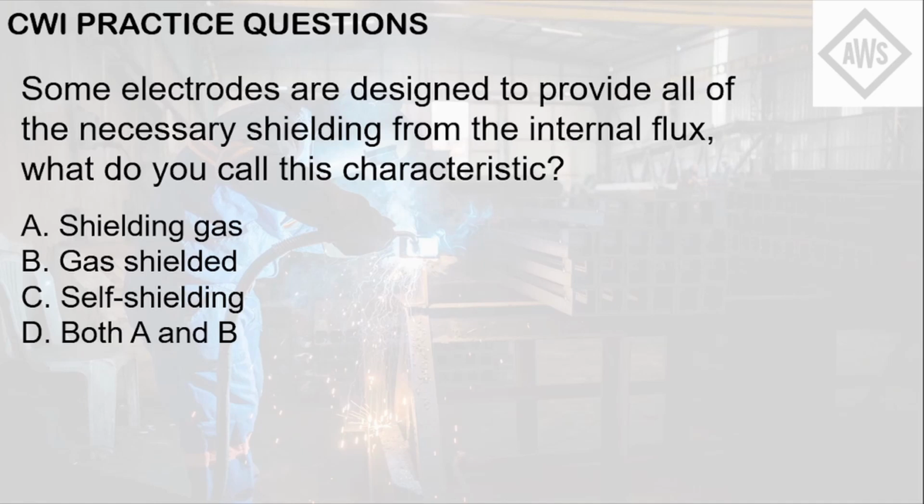In the tubular part of that electrode, there is internal flux, which produces the self-shielding characteristics. Basically, the shielding gas or smoke forms around the weld pool, similar to SMAW. So the answer here is letter C, self-shielding.